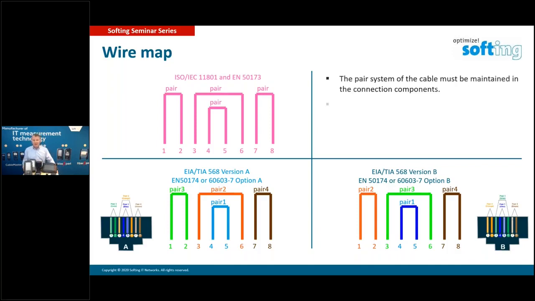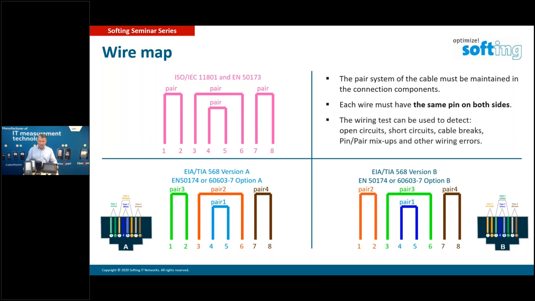But please, if you make a choice, take the same pin assignment, the same pin or pair scheme, on the patch panel side as well as on the data outlet or socket side. So you have to use one scheme for the entire building. If you mix it, something can happen and you can measure that. I will show you later on.